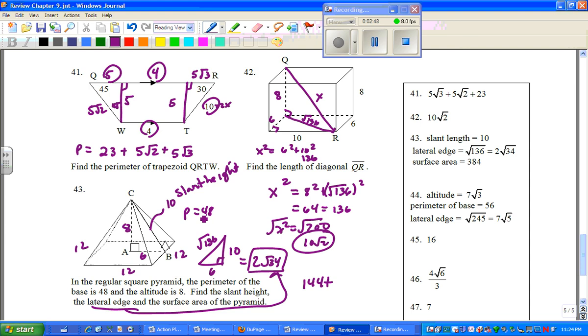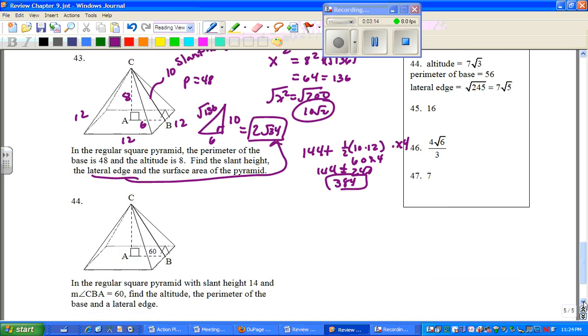We know that a triangle is half of 10 by 12, and then there's 4 of those, and that's 120, so that's 60 apiece, so that's 240. We're adding 144 to that, so that's 384 for the pieces that we have.